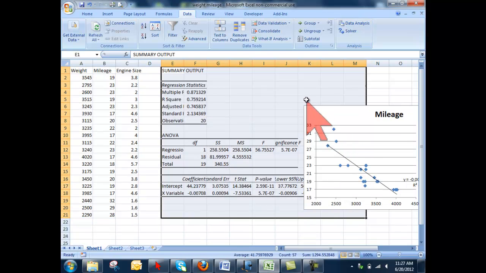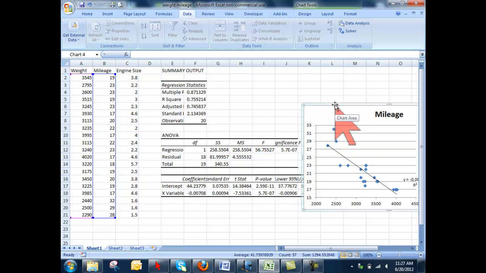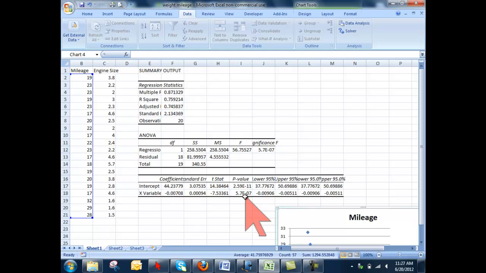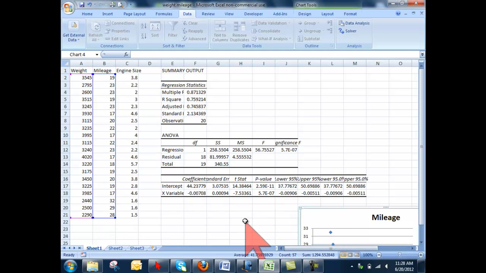Then I'll click OK. Move this graph out of the way. And here is a data table of a lot of information. In particular, the coefficients of the regression equation are here again. There was a negative 0.00708, remember, and a 44.237.